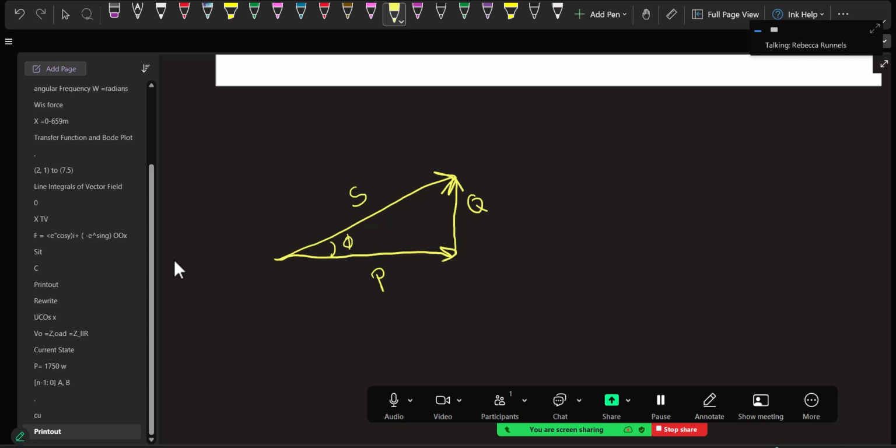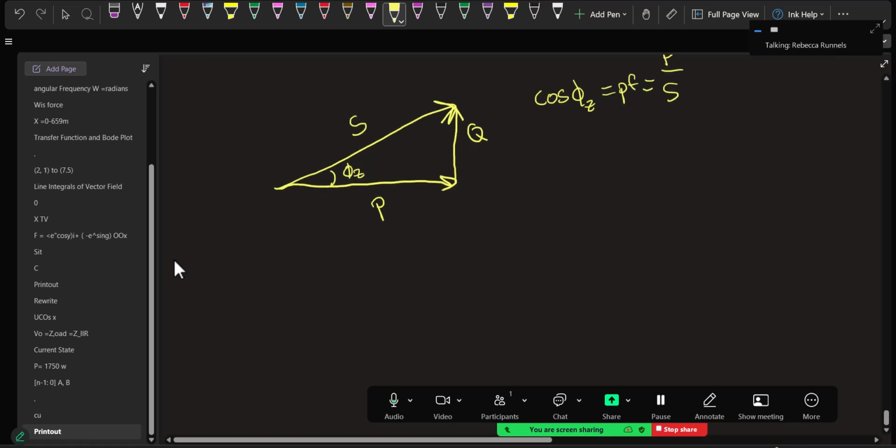This is the angle, the angle of the impedance, and the cosine of that angle, which is the power factor, is adjacent over hypotenuse, which is P over S. So it's all right there in that triangle.